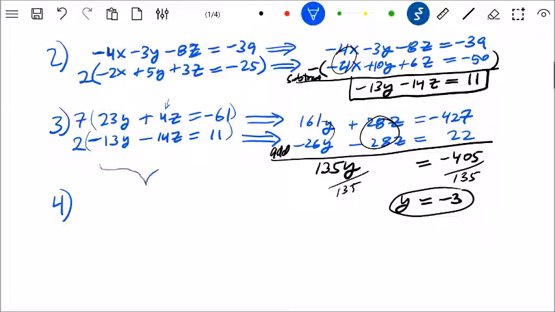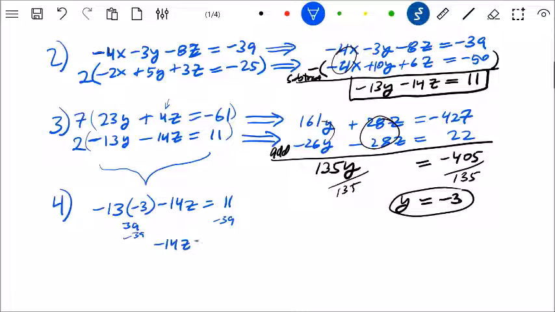I'm going to take one of these equations, and I'll use this one just because it's there and has smaller numbers. I'll do negative 13 times negative 3 minus 14z equals 11, and I'll solve for that. We get positive 39 here, so I'll subtract 39 from both sides.